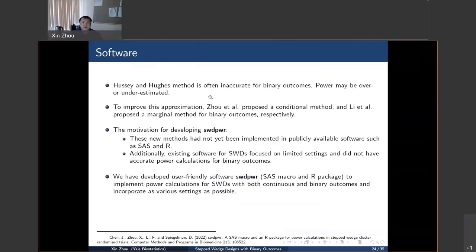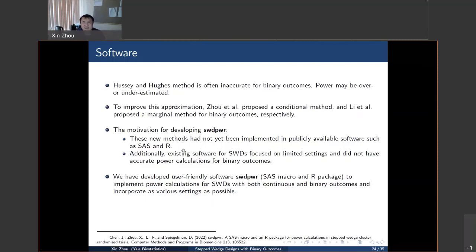Hussey and Hughes method is often inaccurate for a binary outcome. The power may be over or underestimated. To improve this approximation for binary outcome, our group proposed a conditional method using generalized linear mixed model, and Fine proposed a marginal method using generalized estimating equations. And the motivation for the software package is that this new method had not been implemented in publicly available software.